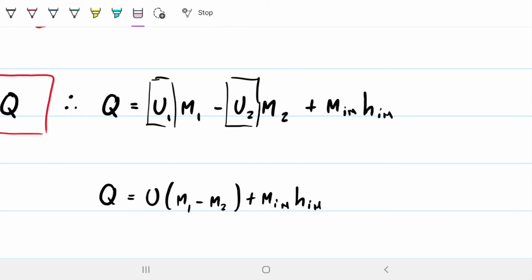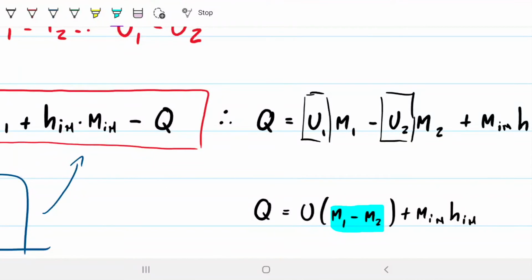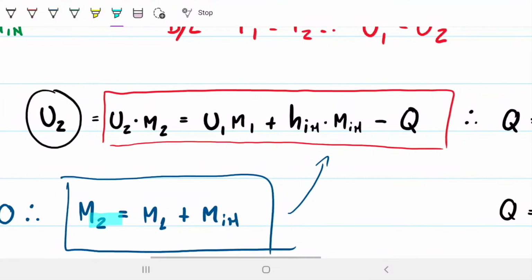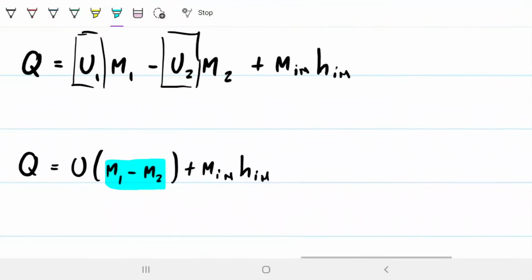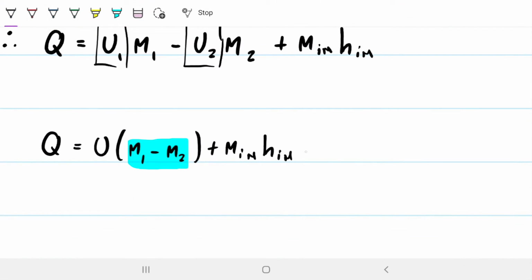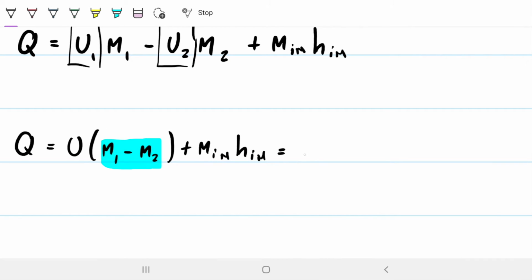Now, if you note, this guy is just negative mass in, because mass in is just m2 minus m1. So that blue guy there is just negative mass in. So I can rewrite this as my enthalpy going in minus my internal energy, doesn't matter if it's 1 or 2, they're the same, times mass in.